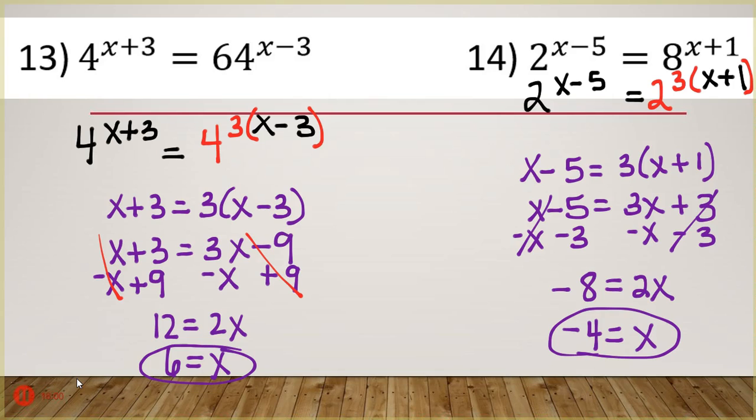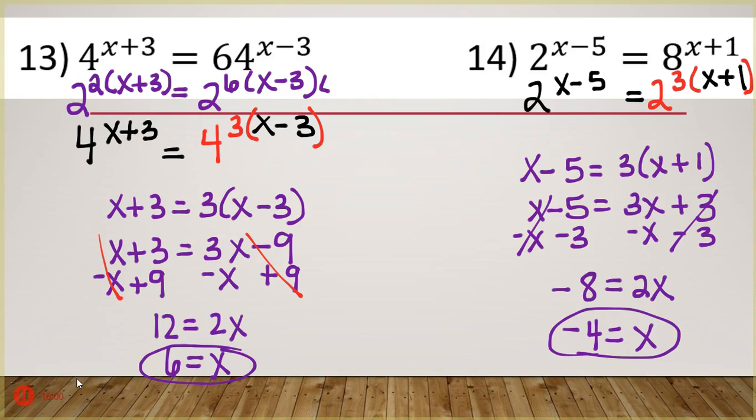I also want to mention that for question 13, I used the base 4, but you could have also written it with a base 2. So if you wrote it as 2 to the power of 2, and then on the right, 2 to the power of 6, you are still going to end with the exact same answer.